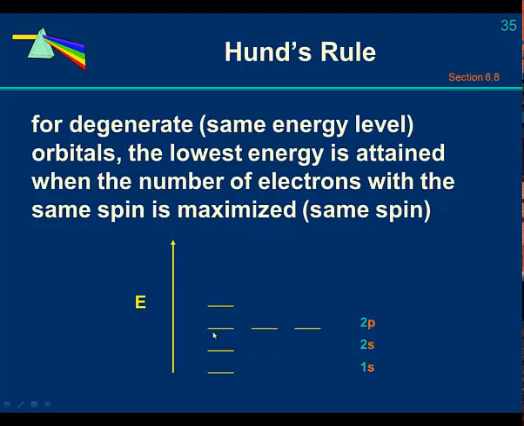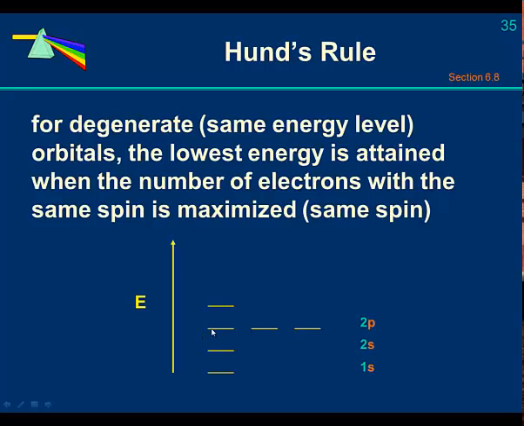For instance, these 3 2p orbitals are all at the same position. If I were to draw a straight line from the y-axis, which indicates the energy level, you would find that they're at the same location horizontally, indicating that they are degenerate. They're at the same energy level.